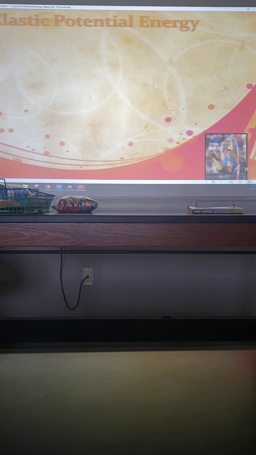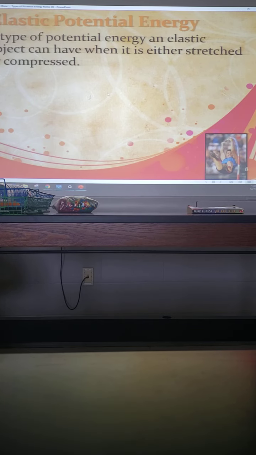If I have a pop can and I smash it, it's not going to bounce back. Once I smash it, it's smashed, so that doesn't have elasticity. Think about whether you can stretch it a certain amount and then it will go back to the way it was. That's what we're talking about. So it's a type of potential energy, an elastic object. Again, that's pretty generic.